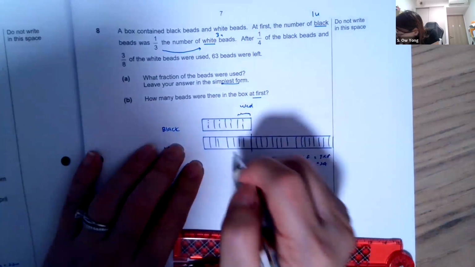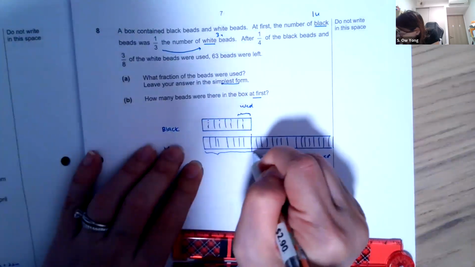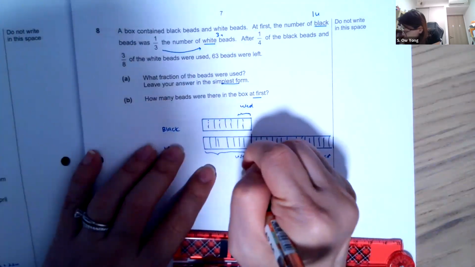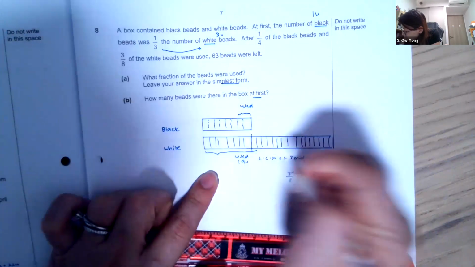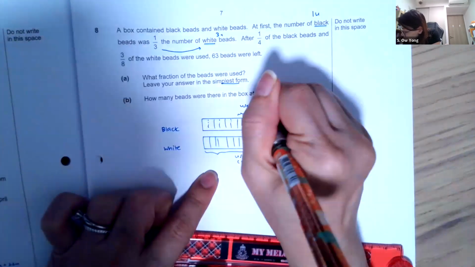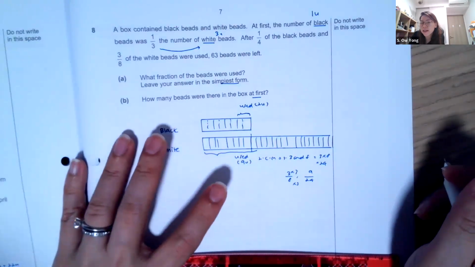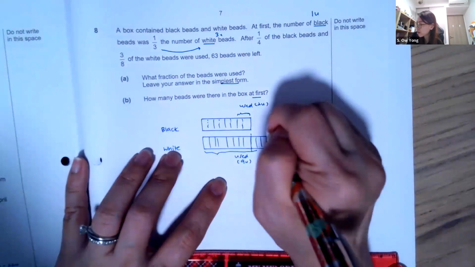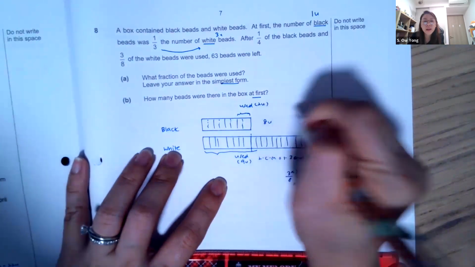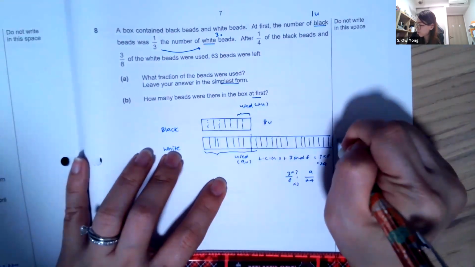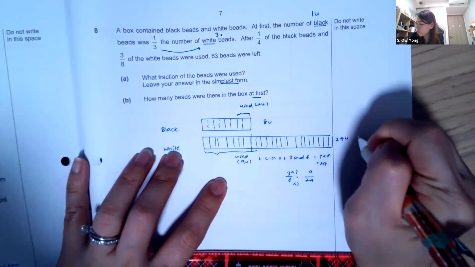Okay, so I count. These are the ones being used. These are the nice small units being used. This is the 2 units being used. I label properly so that at least I am clear that now my black, I have 8. My white, I have 24 units.